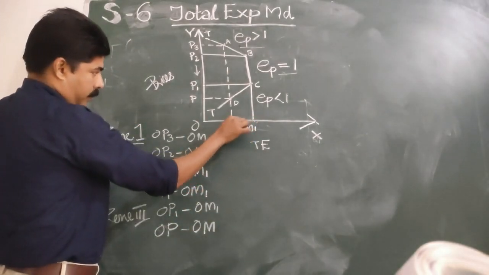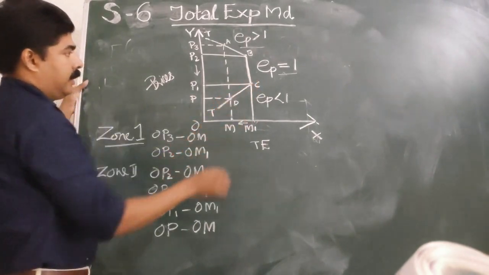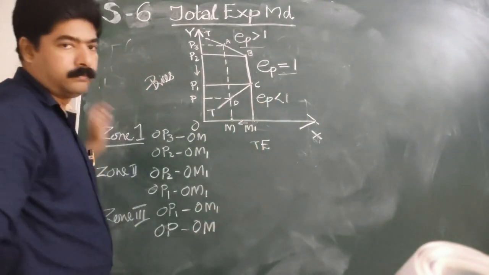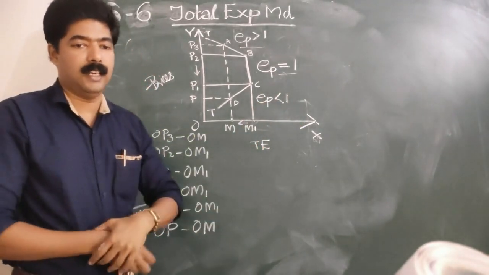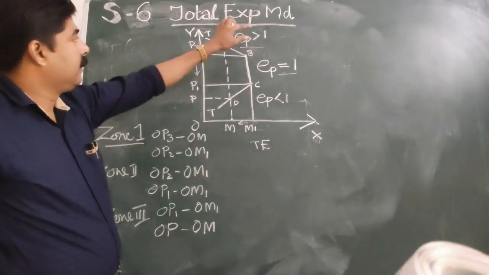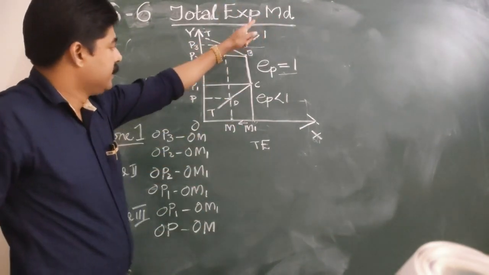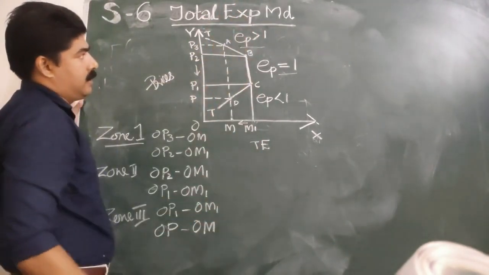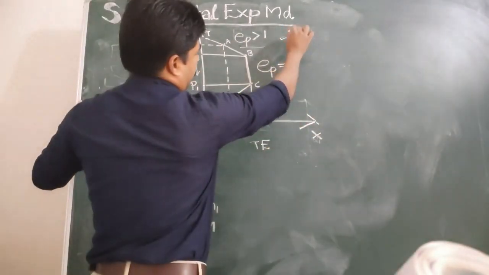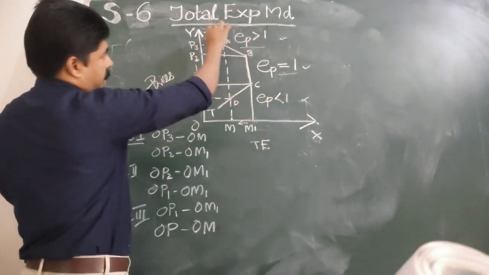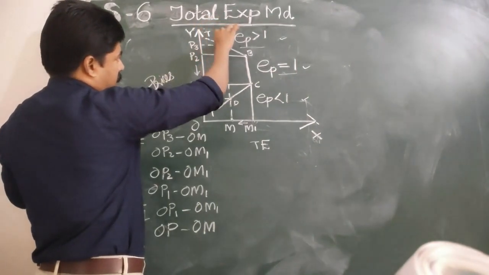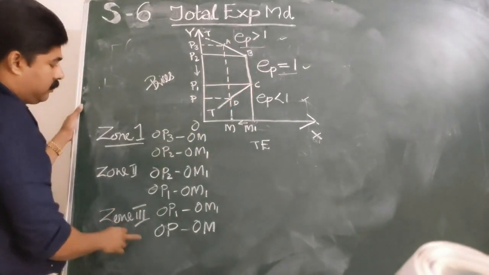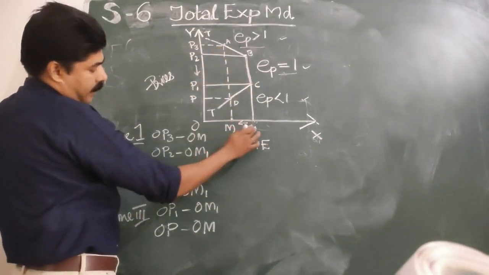So this third zone is inelastic in nature, less than 1. So this is total expenditure and price elasticity and its categories explained in a single diagram. When it is asked, we can show all three situations, elastic, unitary, inelastic, by various zones: the first zone, second zone, and third zone, according to the changes in price.